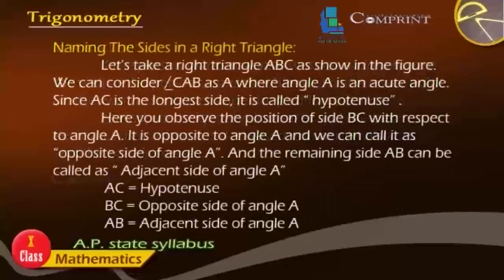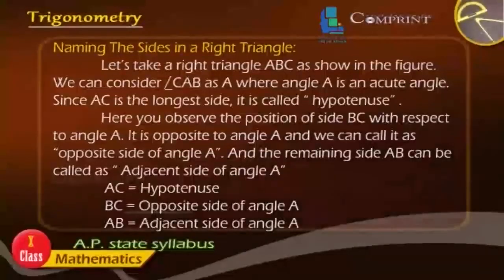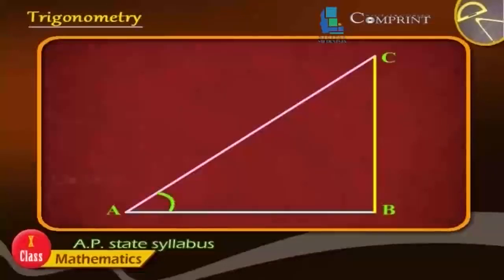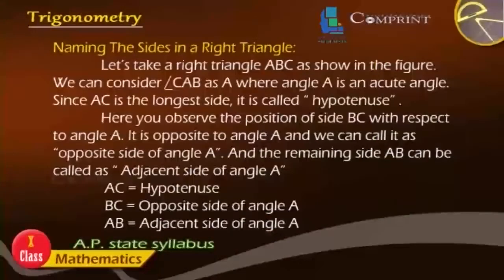Naming the sides in the right triangle. Let us take a right triangle ABC as shown in the figure. We can consider angle CAB as A, where angle A is an acute angle.